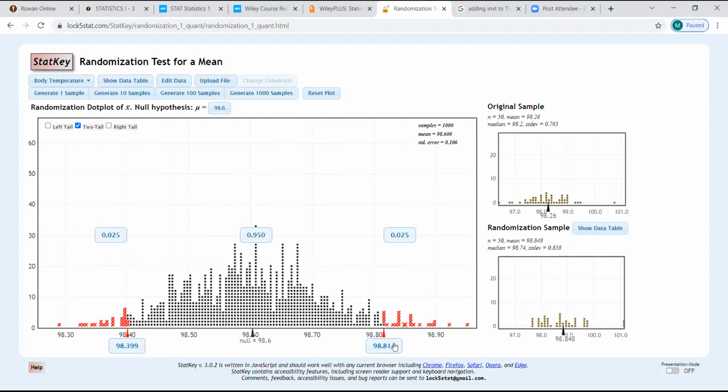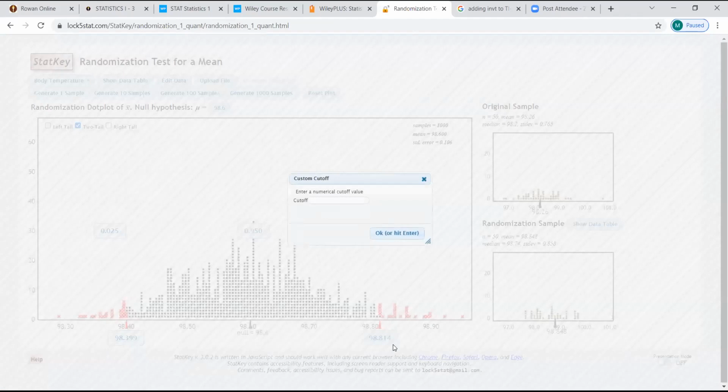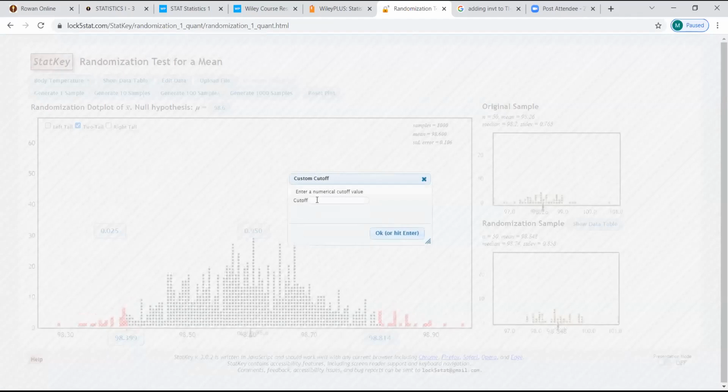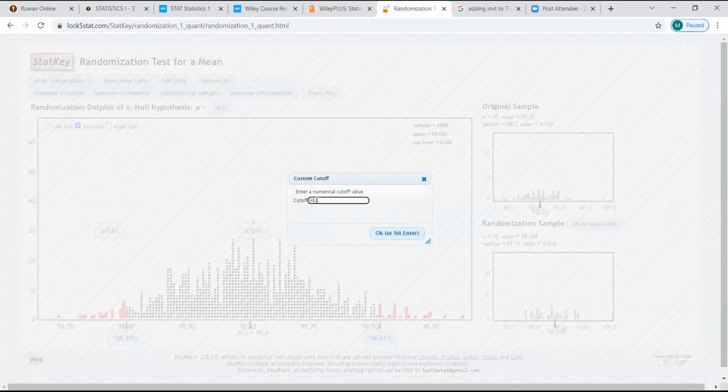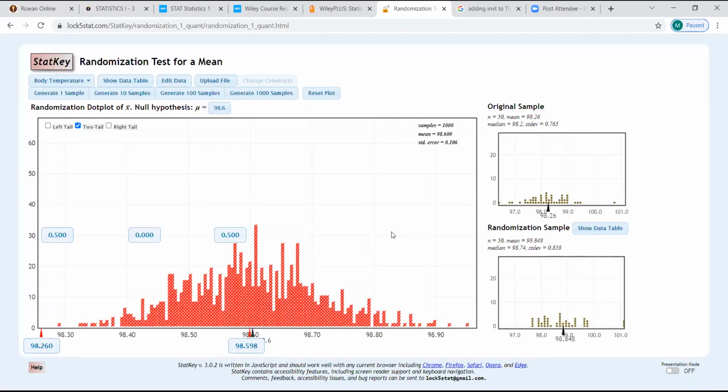Then down here, if we were going to do this p-value thing strictly using StatKey, we would put 98.26 here. All right, and whoa, this did not come out correctly.